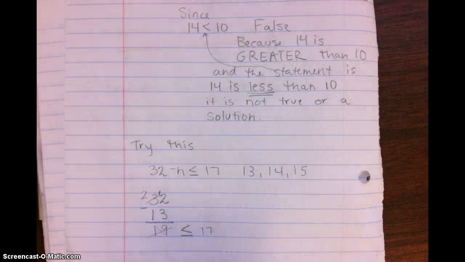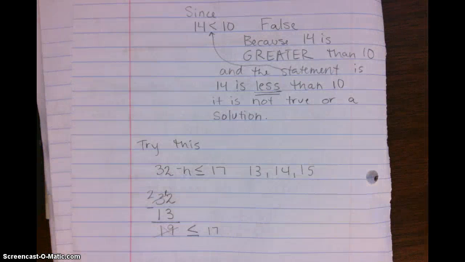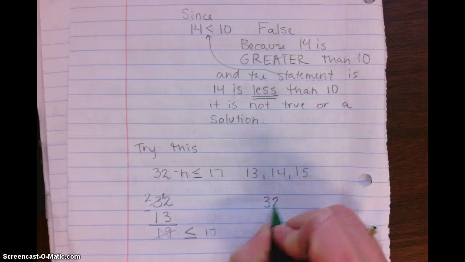So now let's try 14. Go ahead and replace n with 14 and see if it is a solution or not. Okay, now you should have done 32 minus 14 because we replaced where the n was.